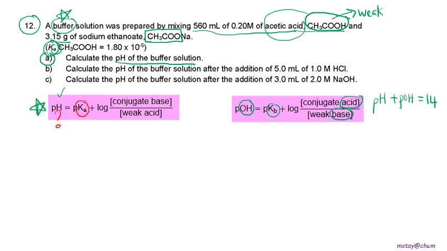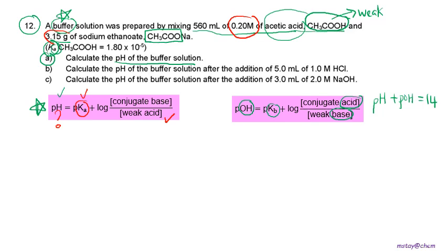However, the Ka value is given, so we can use the negative log of Ka to determine the value of pKa. So 0.2 molar is the concentration for the weak acid, also given, but the concentration of the conjugate base, which is the sodium ethanoate, is not given.